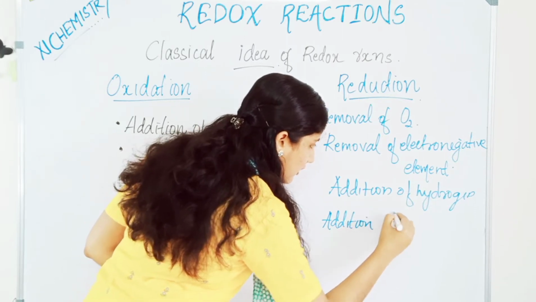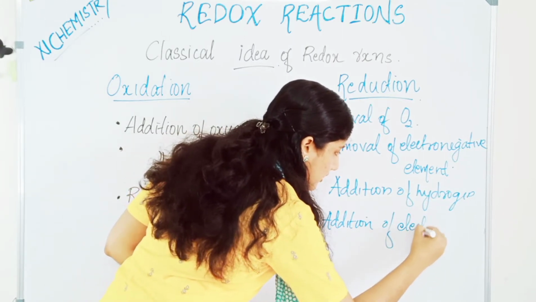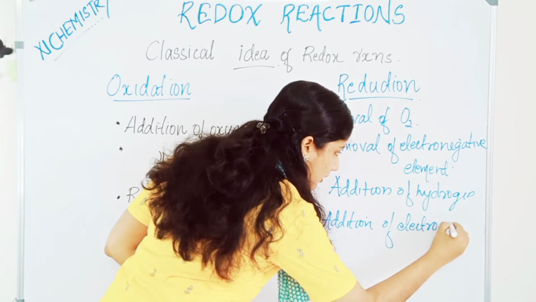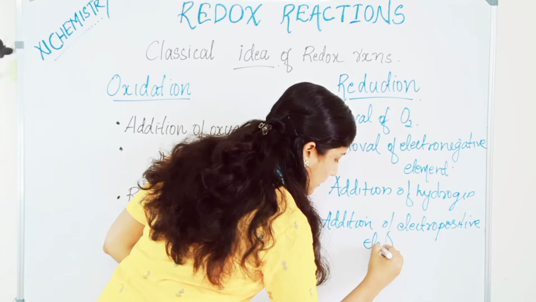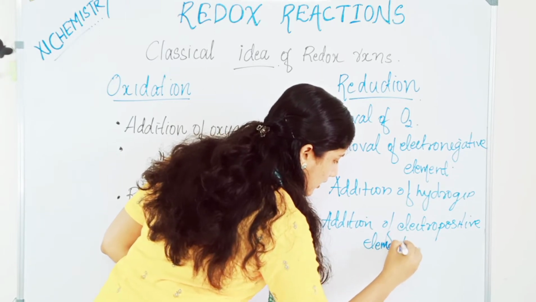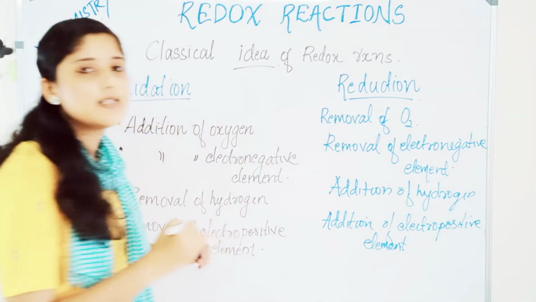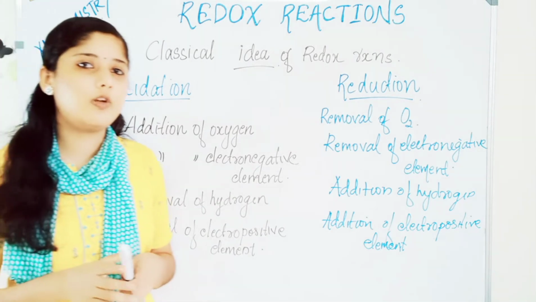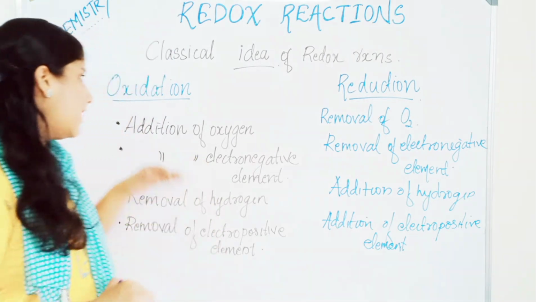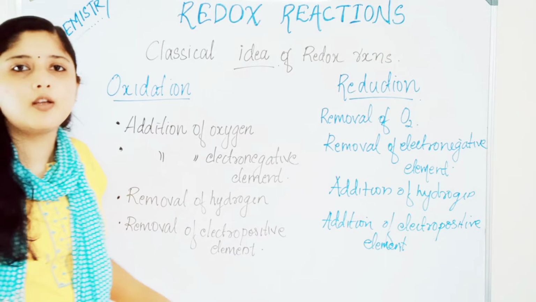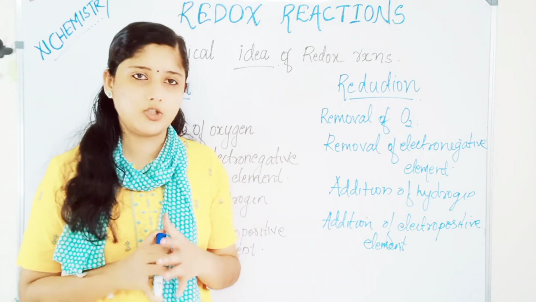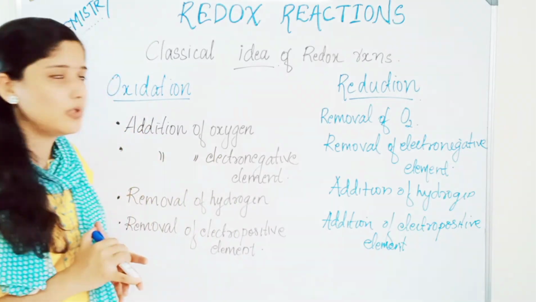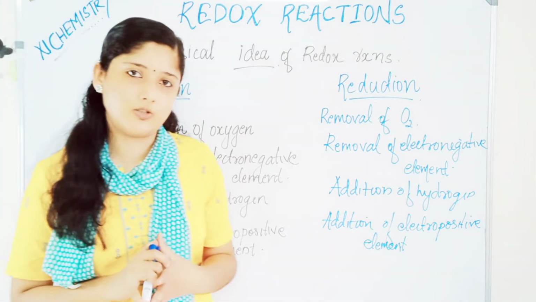Note down the definition. The exact opposite of oxidation will be reduction. So study what is oxidation, then you can write the opposite as the definition for reduction reaction. Now let's look at some of the examples of both oxidation and reduction.